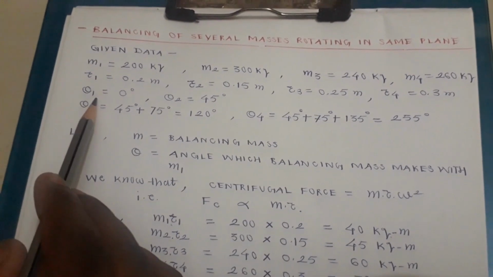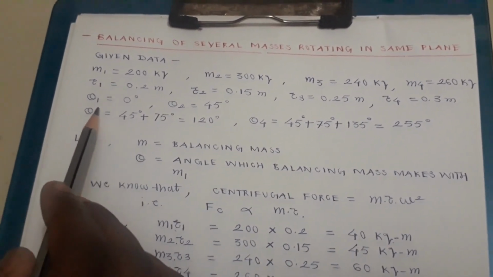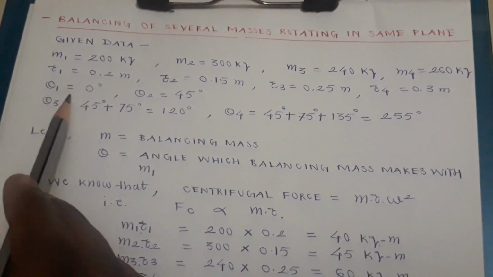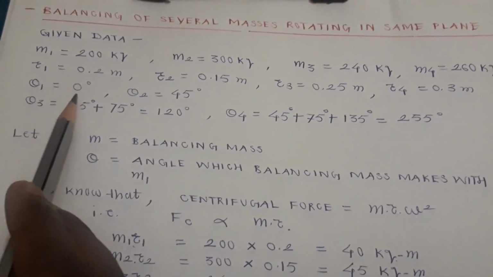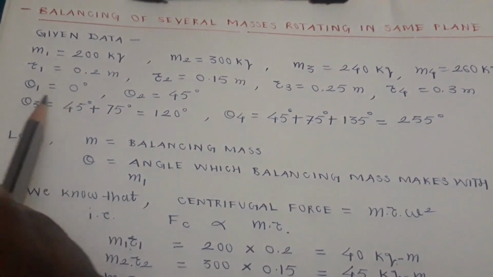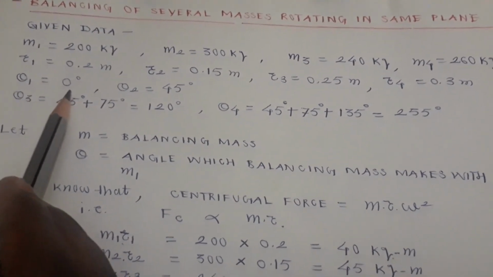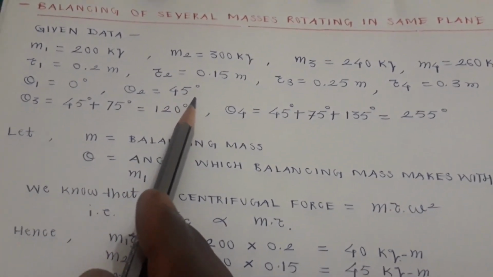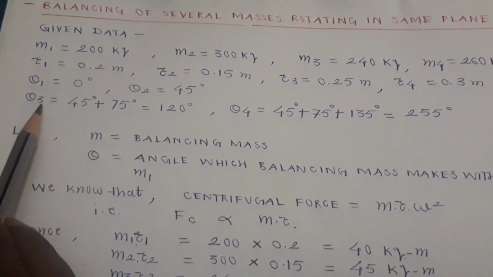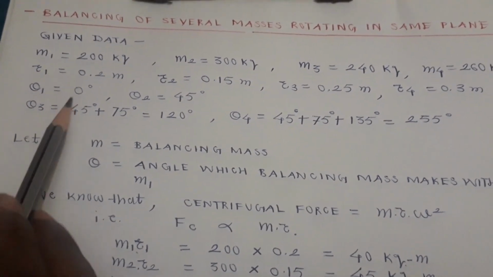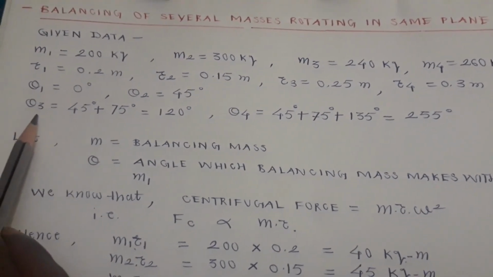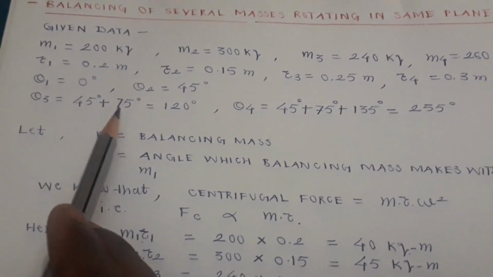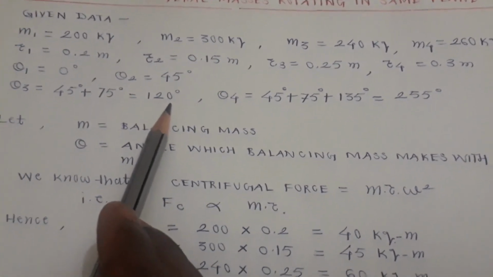Therefore for the first mass, theta 1 is 0 degree, so that means we are considering this first mass as the base or the reference line. The theta 2 is 45 degree. Then from the same reference, theta 3 is 45 degree plus 75 degree, so it is equal to 120 degree.